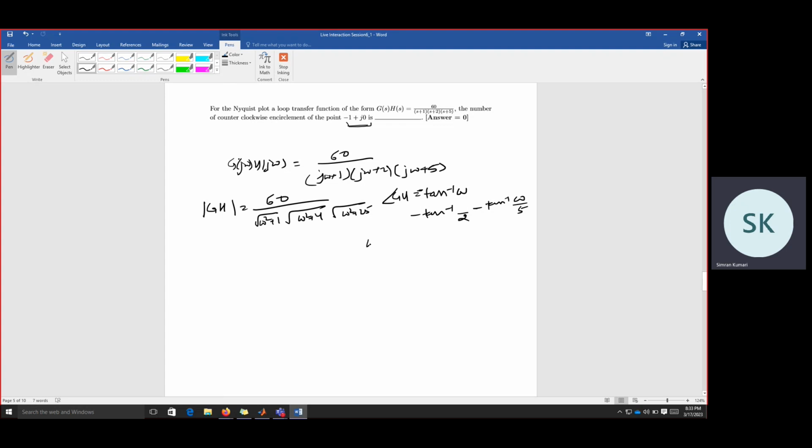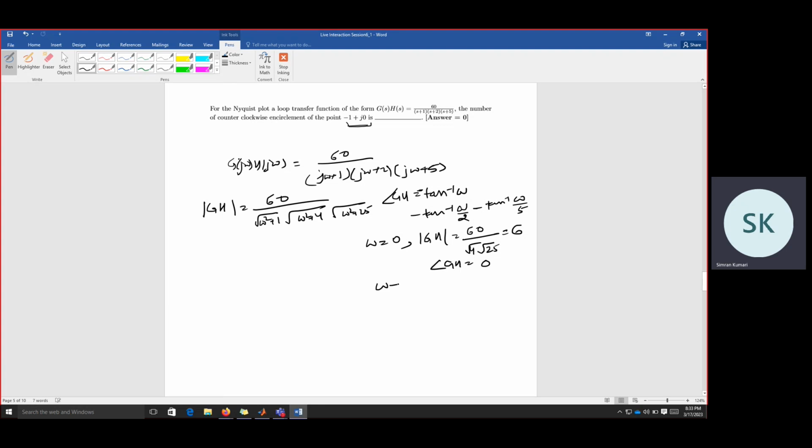So with omega equal to 0, the magnitude of GH will be 60 by root 4 into root 25 into root 1. So 4 into 25 is 100, so 10, so this will be 6. And the angle of GH will be tan inverse 0, which is 0.